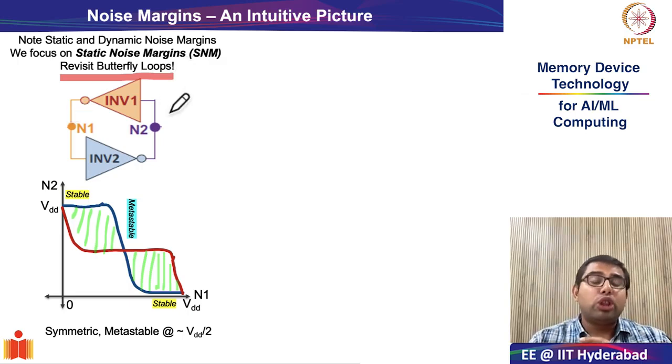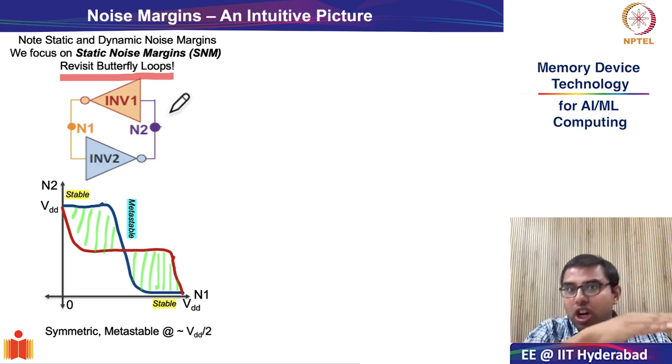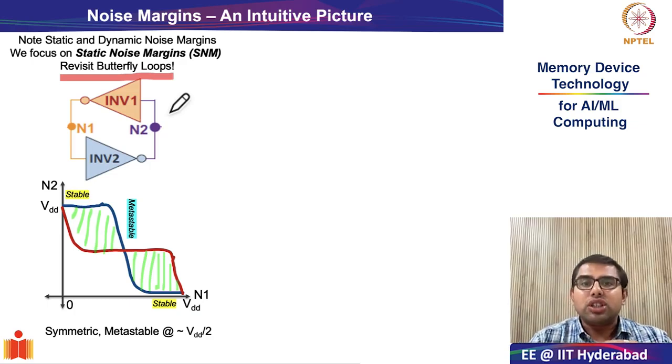Now, of course, through our timing analysis in the previous section, you might have understood that this is not a realistic scenario. You would have seen that storage node N1 in case of the read cycle was going down and then coming back up. It was not a constant source, especially in the read cycle.